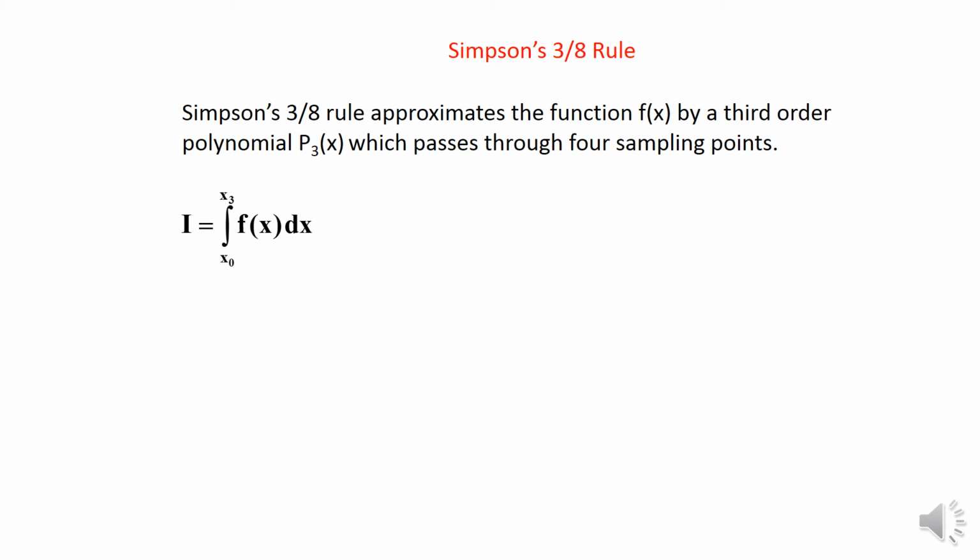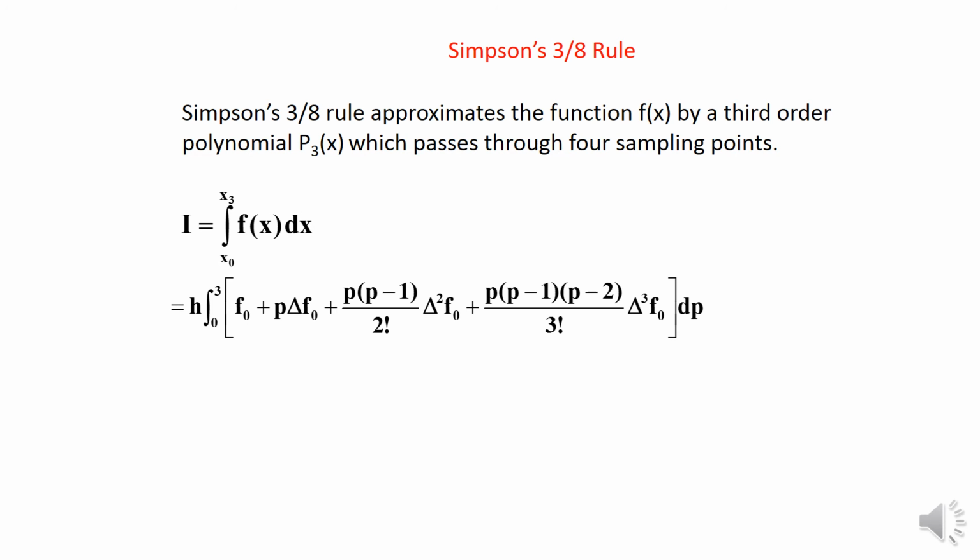So our integral is x0 to x3 f(x) dx, and we expand f(x) with the help of Newton's forward interpolating formula, as we did in rest of the methods, trapezoidal and Simpson's 1 by 3 rule, as well as in Newton's Cotes formulas. So we get this h integral 0 to 3 [f0 plus p del f0 plus p into p minus 1 upon factorial 2 del square f0 plus p into p minus 1 into p minus 2 upon factorial 3 del cube f0] dp.